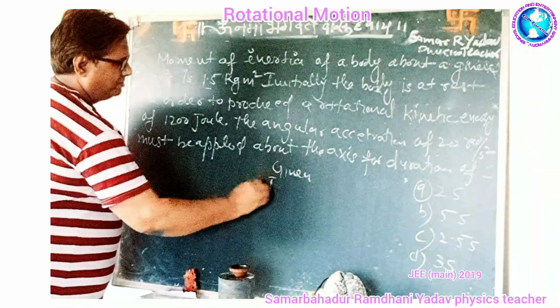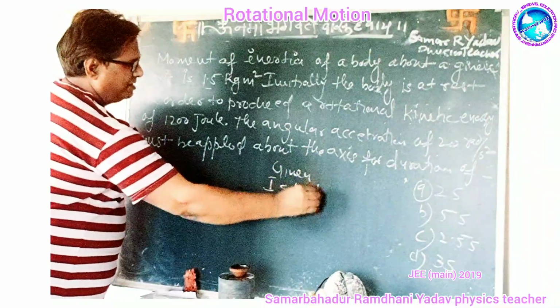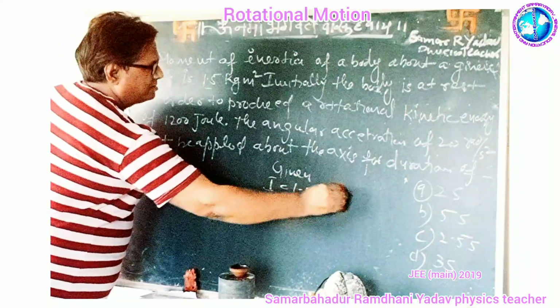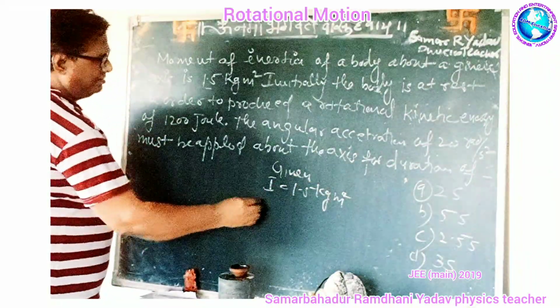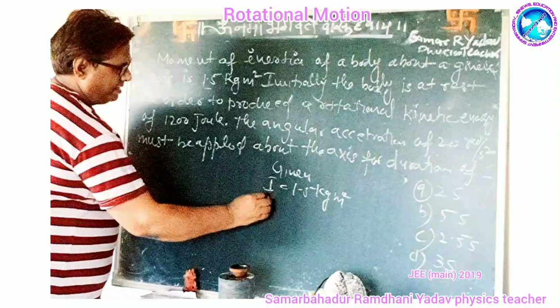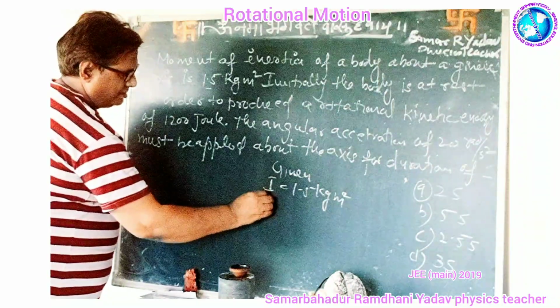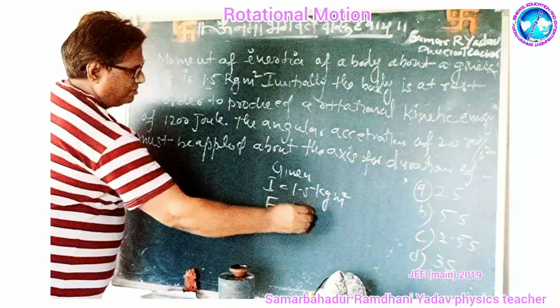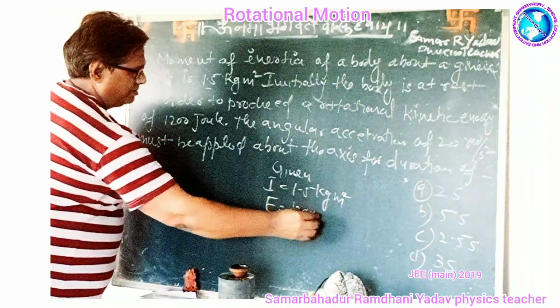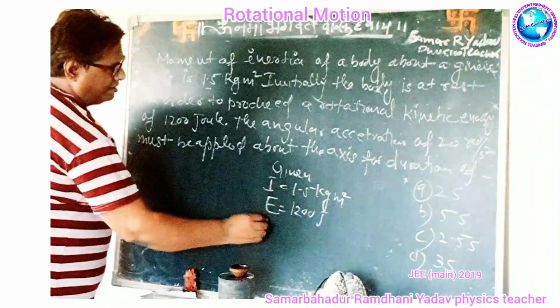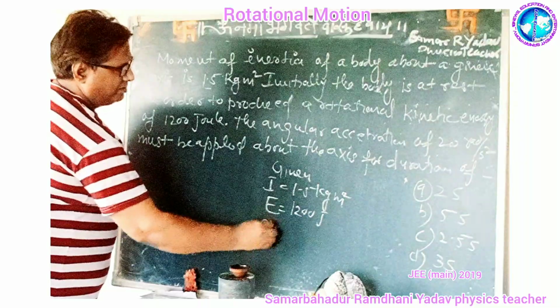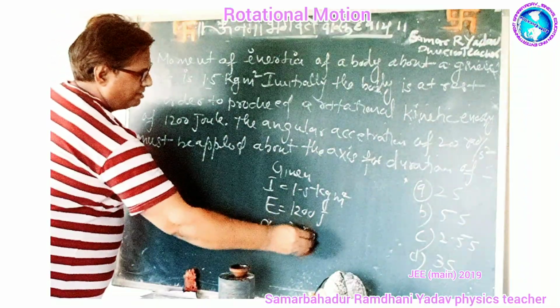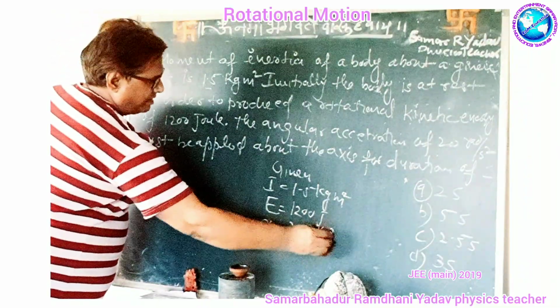Now here given, I is equal to 1.5 kg meter square, kinetic energy E is equal to 1200 joule, and alpha is 20 radian per second square.